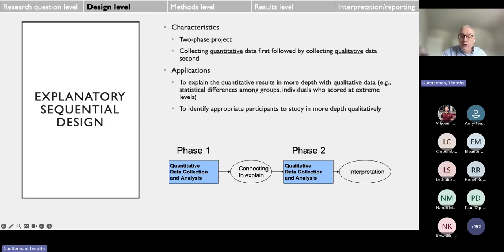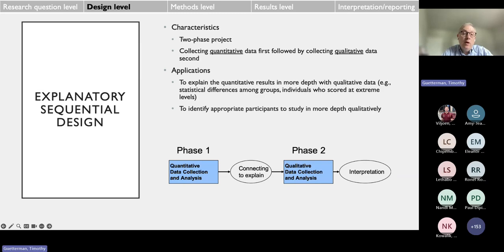Some applications, beyond what I just mentioned: maybe you need to explain quantitative results in more depth. You want to understand what explains that variation, or what explains statistical differences you see or that you did not see, for instance.